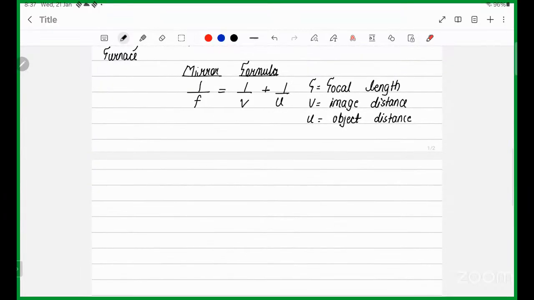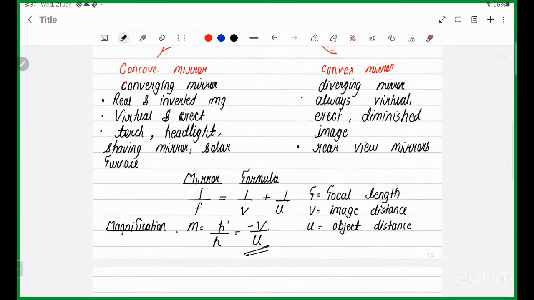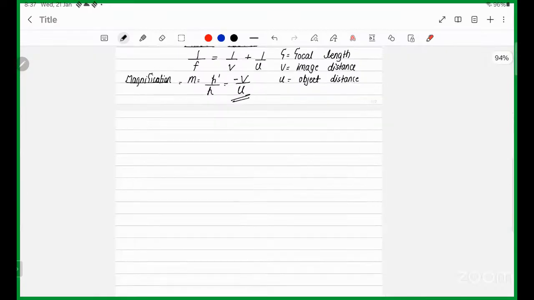Talking about magnification, m is equal to h dash upon h, which is also equal to minus v by u. So to calculate magnification, we can use both of these formulas.